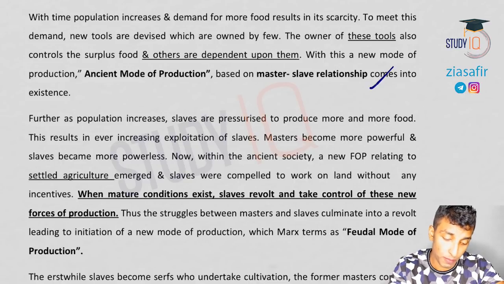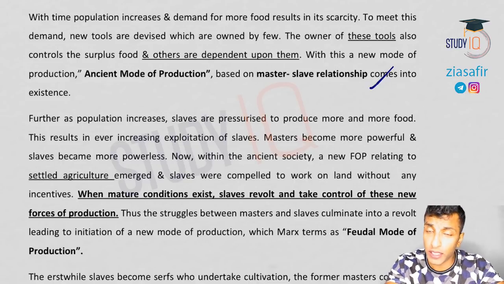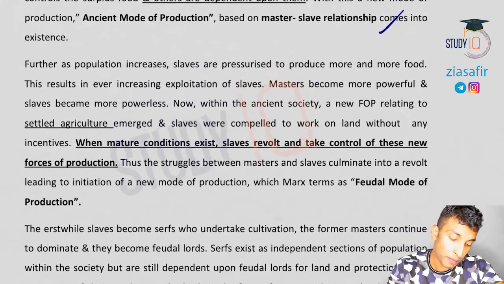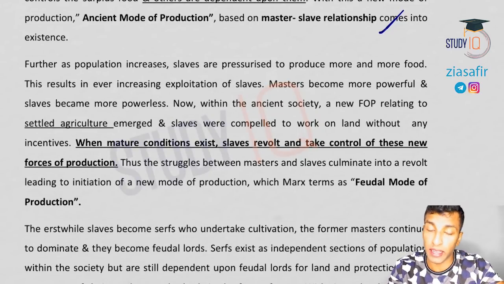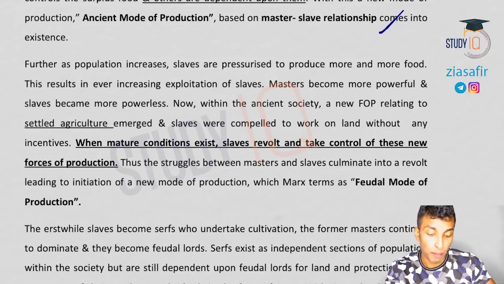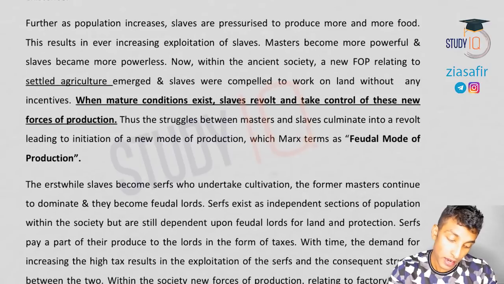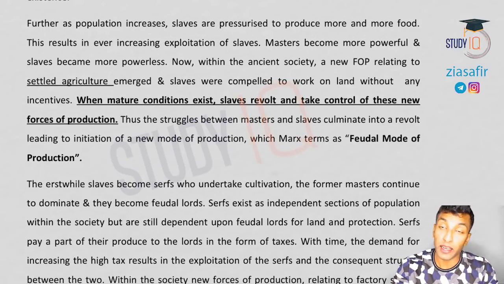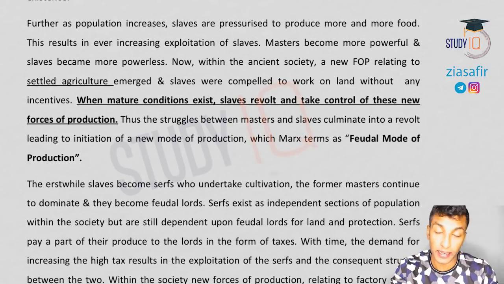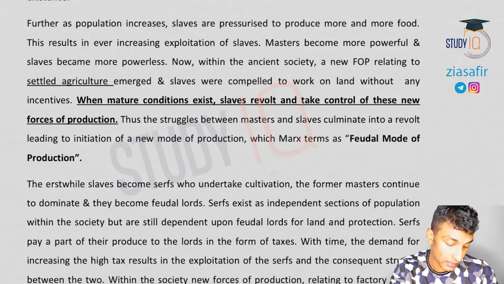I don't think that you will face any problem here. Further, when the population increases, slaves are pressurized to produce more and more food. This results in ever-increasing exploitation of slaves. Masters become more powerful and slaves become more powerless. Now, within the ancient society, new forces of production relating to settled agriculture emerged, and slaves are compelled to work on land without any incentives.